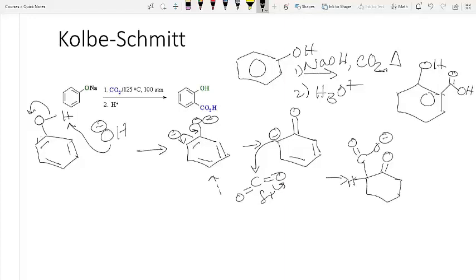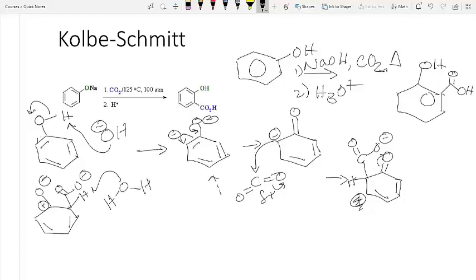You get your carboxylate ion. And this is not terribly stable, and your molecule wants to reattain aromaticity. And so in this process, we're going to end up protonating, but before that happens, I'm just going to draw this the other way. Essentially, we do the same kind of idea that we saw before, and we can use our water that we generated earlier to deprotonate that hydrogen and reattain aromaticity.